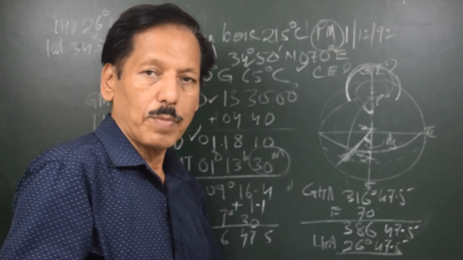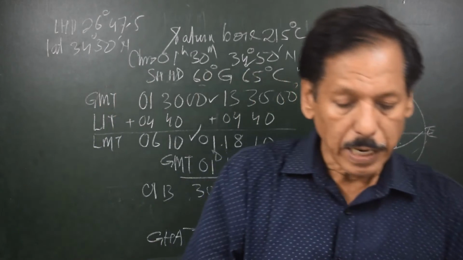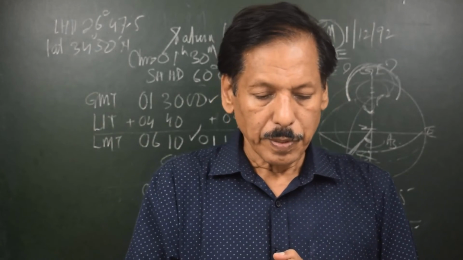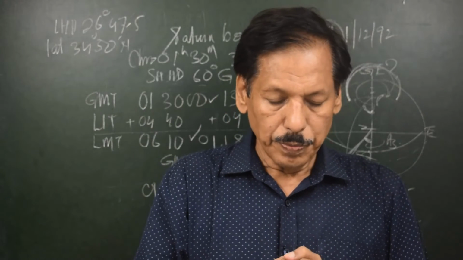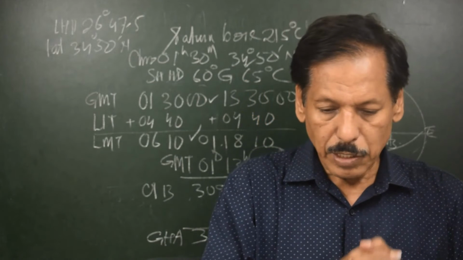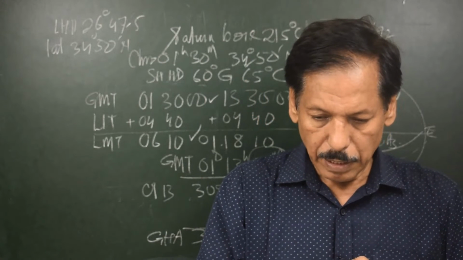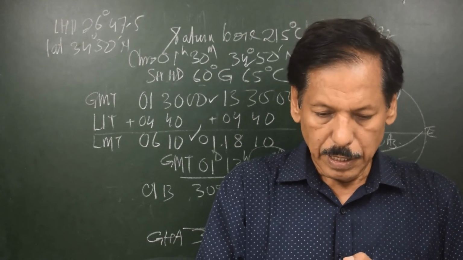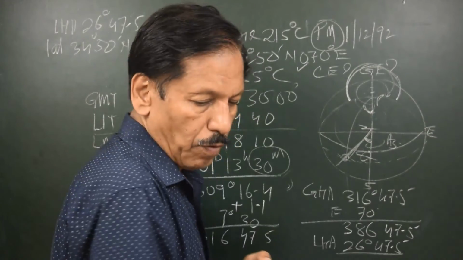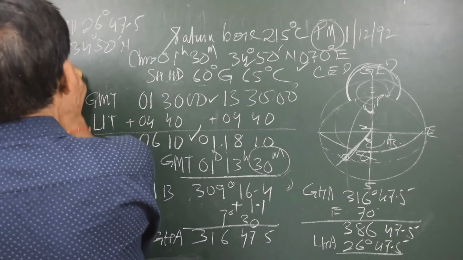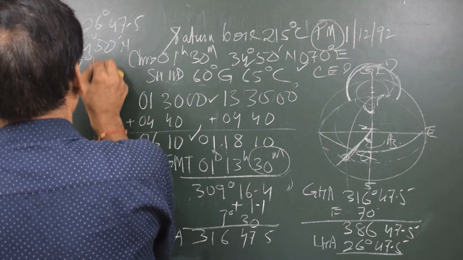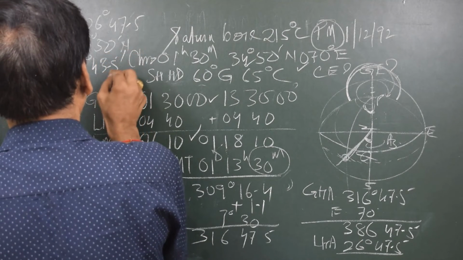And one more piece of information I need is the declination of Saturn. The declination of Saturn I find in the almanac is 17 degrees 43.5 minutes south.